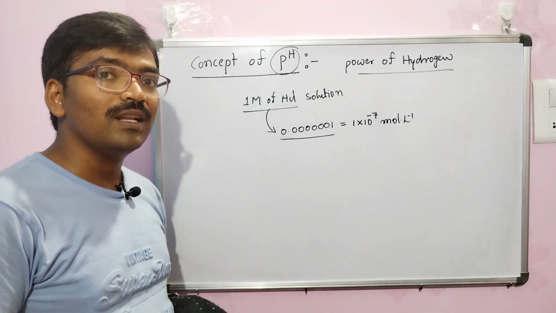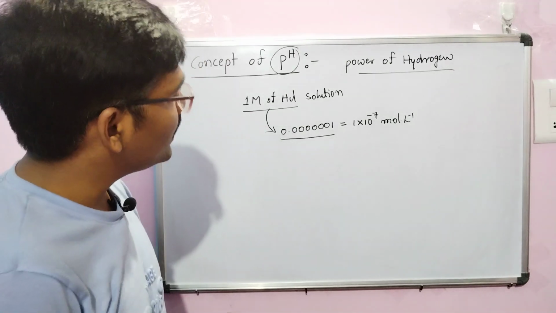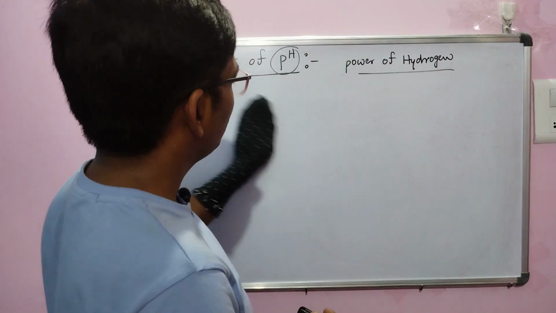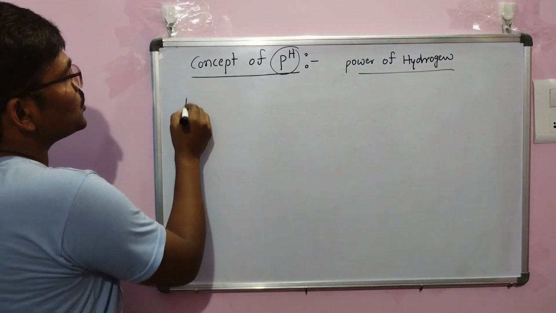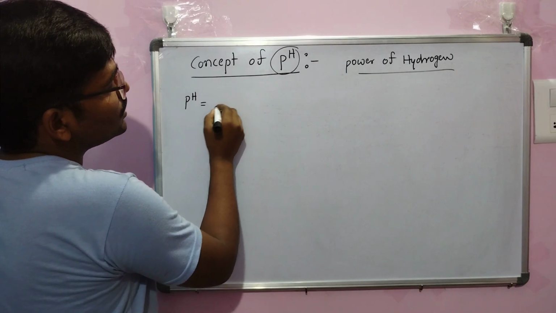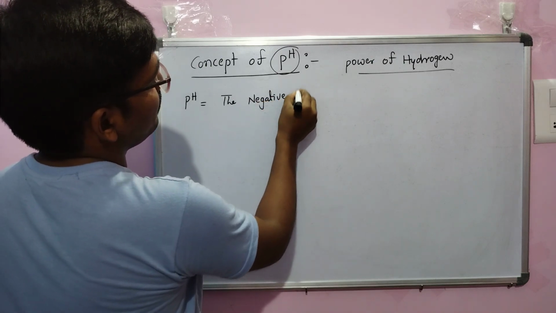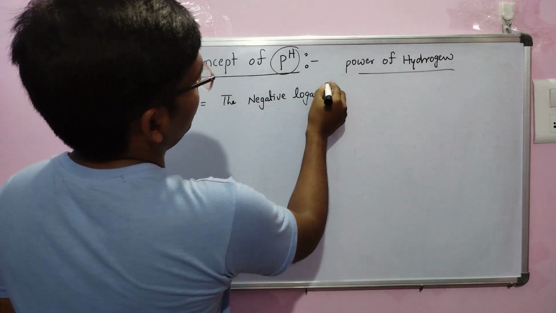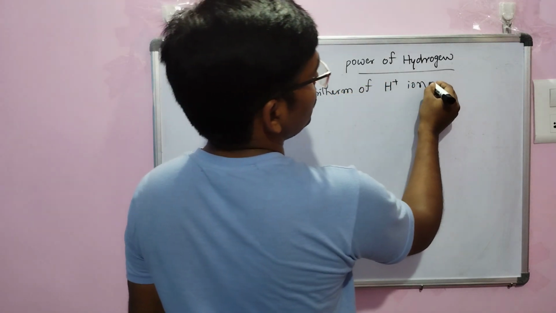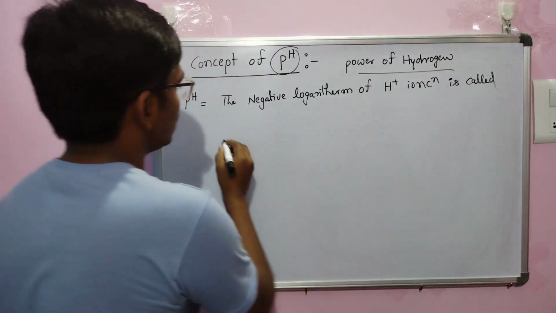The pH concept is the negative logarithm of the hydrogen ion concentration. What is the pH of a solution? We have to discuss the definition. pH equals the negative logarithm of the H plus ion concentration. So pH equals minus log of H plus ion concentration.